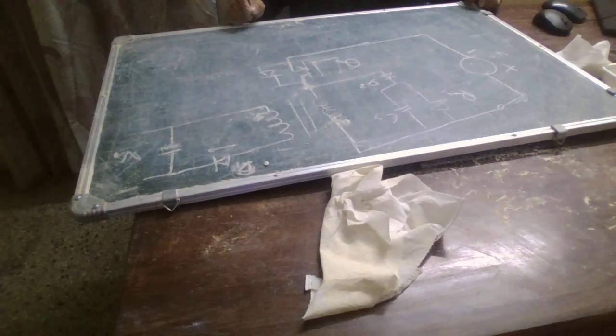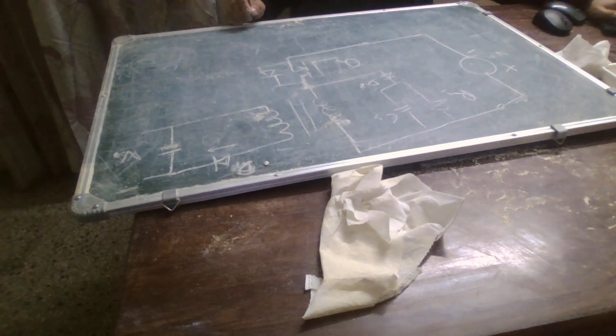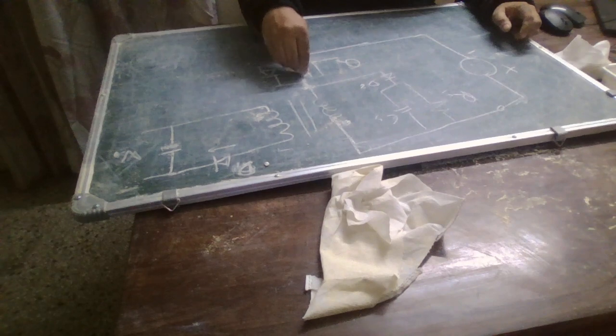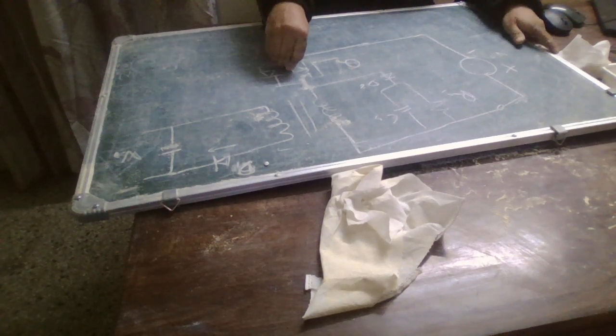The value of this inductor is equal to the transformer primary magnetizing inductance, and it stores the magnetizing energy. Now at the end of the t on time, the switch is turned off, that is, the switch is getting open.